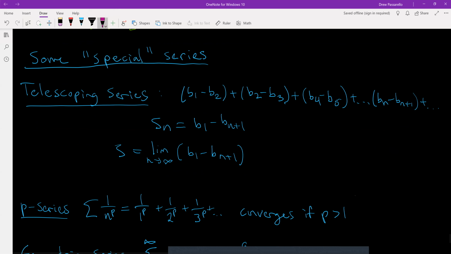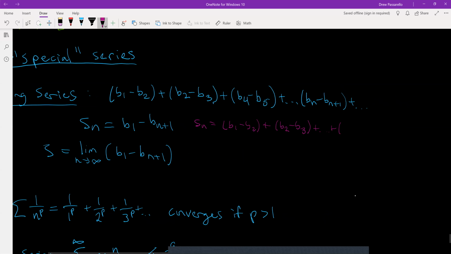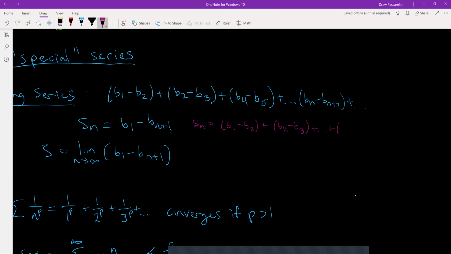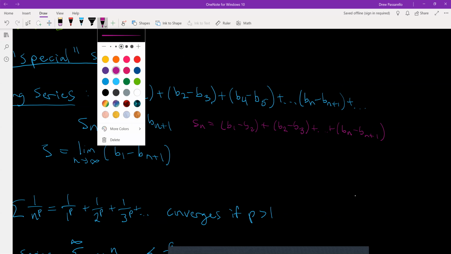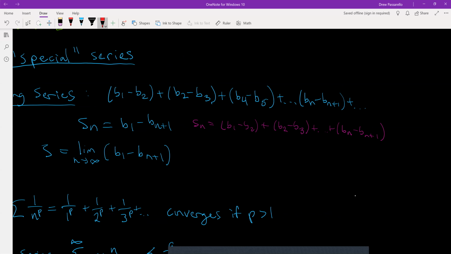And so for the nth partial sum, we see that the negative B2 cancels with the positive B2, the negative B3 cancels with the positive B3, and so forth.